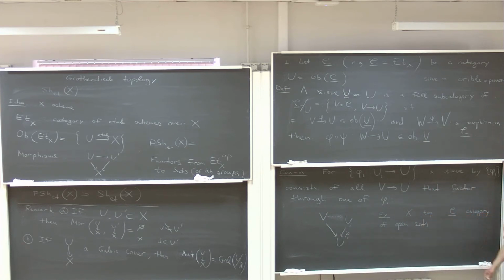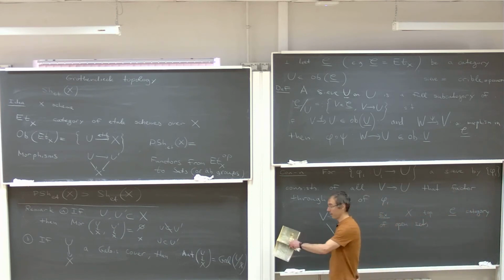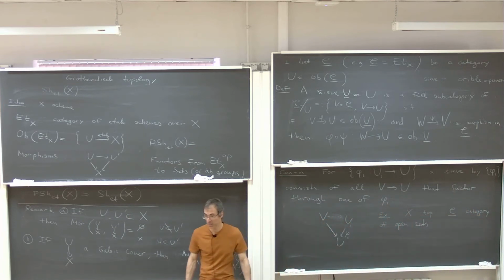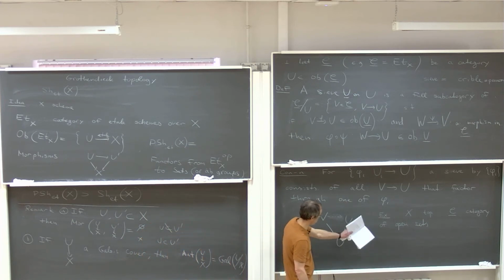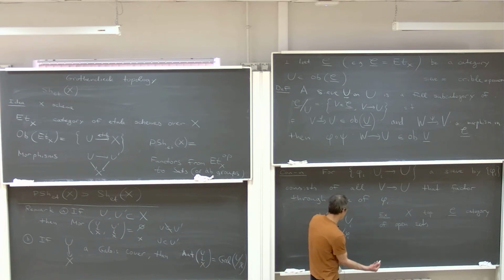Again, there is at most one morphism between open sets. If one open set contains the other, then there is one morphism, otherwise the set of morphisms is empty. So what is a sieve generated by a collection of objects?